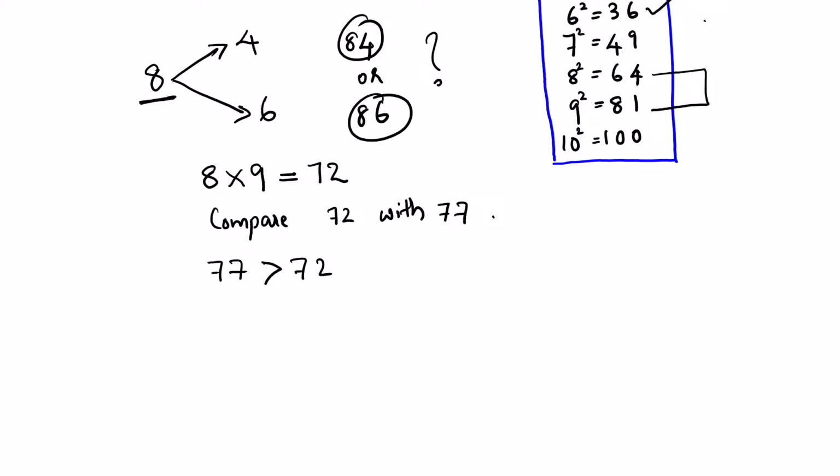So if the number 77 is greater than the product obtained after multiplying the tens digit with its successor, that is 72, it means you have to take the highest number among 84 and 86. So I repeat, if 77 is greater than 72, you have to take the highest number among 84 or 86. So the highest number here is 86. So the answer is nothing but 86.